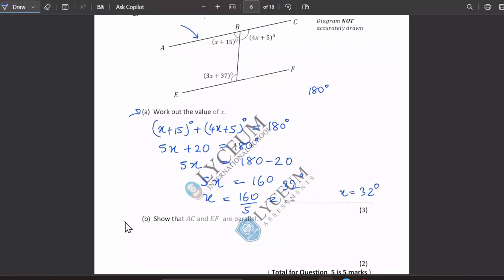Okay, now we have to show that AC and EF are parallel. Now only we have to show these two are parallel. They haven't given it. Okay, so you know if we want to show that these two are parallel, we can either use alternate angles or addition of these two should be 180.